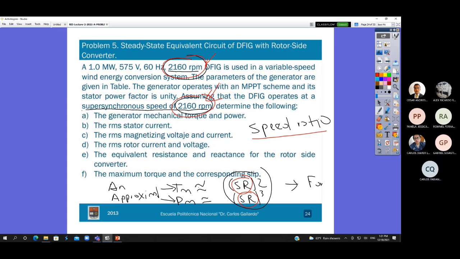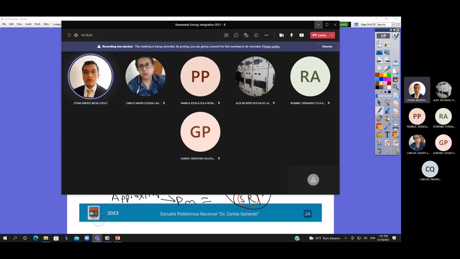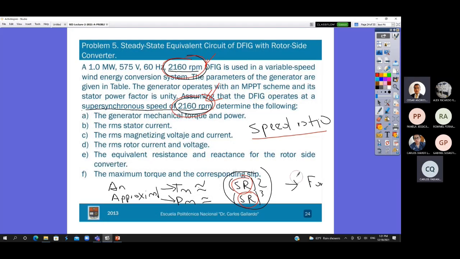Guys, are you there? Is it 1, right? Thank you, Mr. Mejia. It is 1, because the ratio of the second speed is 2160 over 2160. It means the speed ratio is 1. Okay?